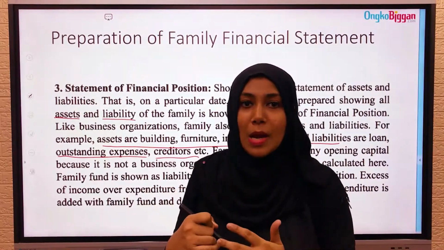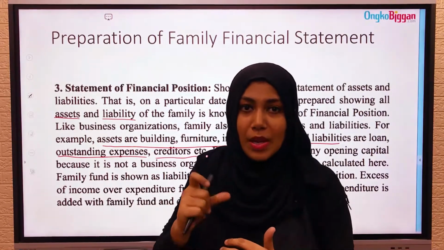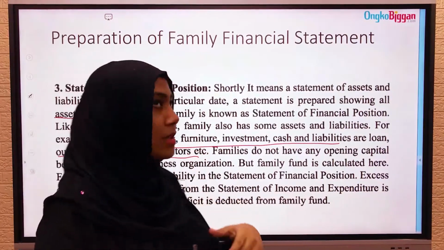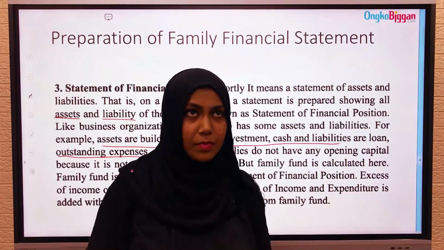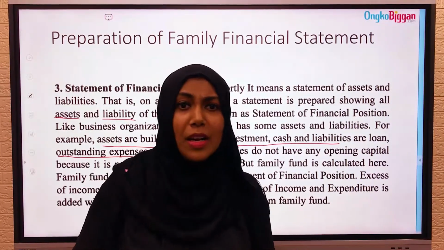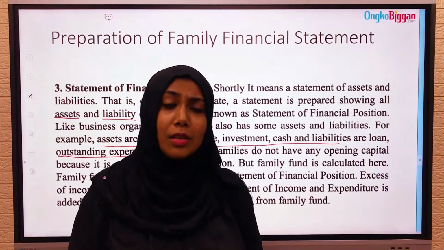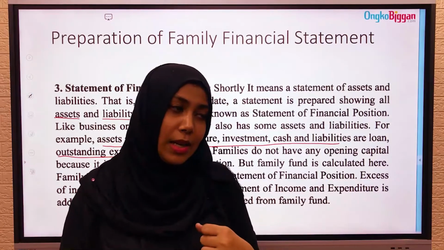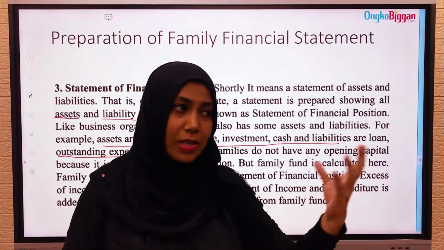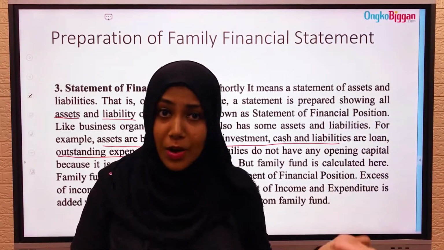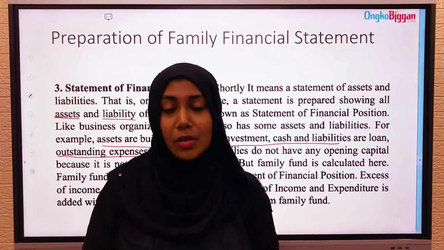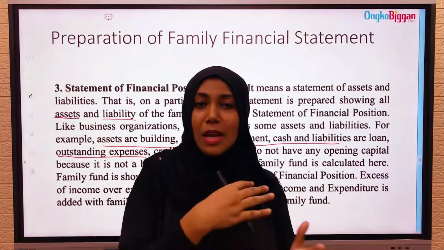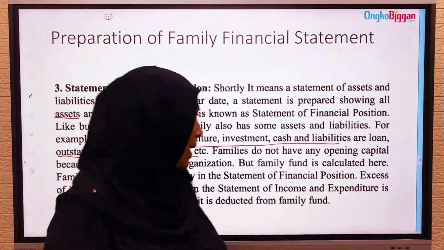So every month, a specific amount of money is cut from the credit card. So that is outstanding. Creditors: now I have to buy a car and I don't have enough money to buy a car. So I am borrowing money from one of my relatives or my father or anyone else, my friends. So they become our creditors. So this is how, just like business organizations, in a family, assets and liabilities also happen.